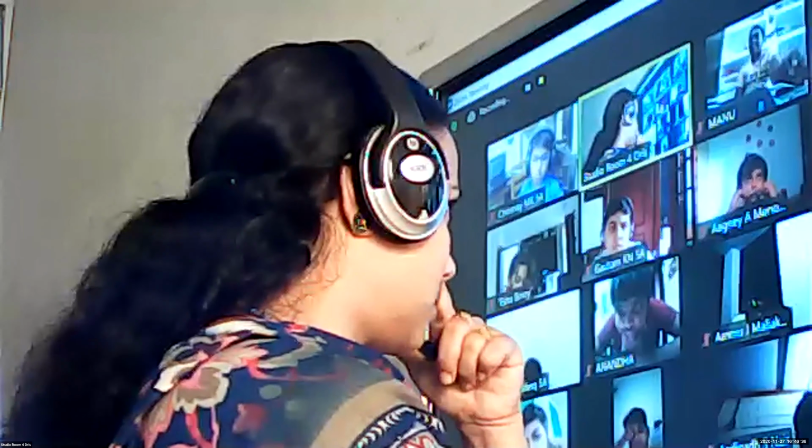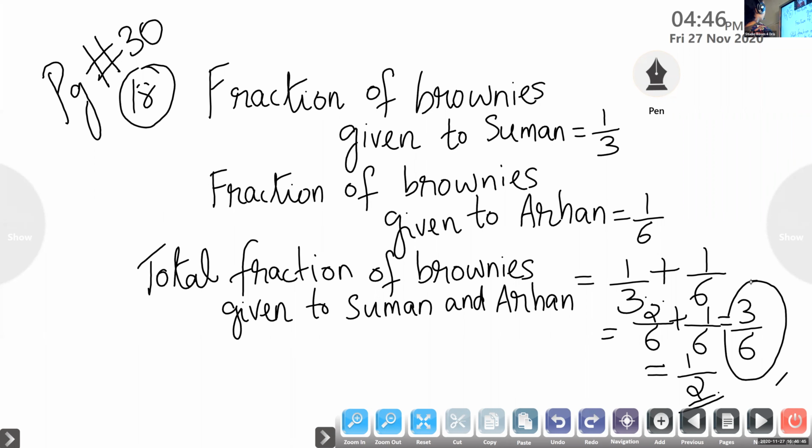So children, look here. We have reduced the fraction to 1 by 2. So 3 by 6 is equal to 1 by 2. If we write 3 by 6 and 1 by 2, both are the same.